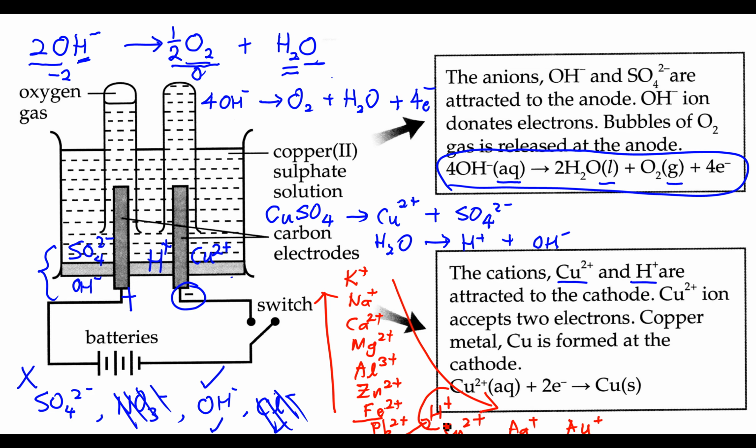Now between the hydrogen ion and the copper ion, copper is lower down in the reactivity series, so copper is less reactive than hydrogen, so it will be preferentially discharged. It will prefer to return to its element form, so that's why the copper is the one that's being discharged. And in this case, the copper ion will receive 2 electrons from the battery and return back to its element state.